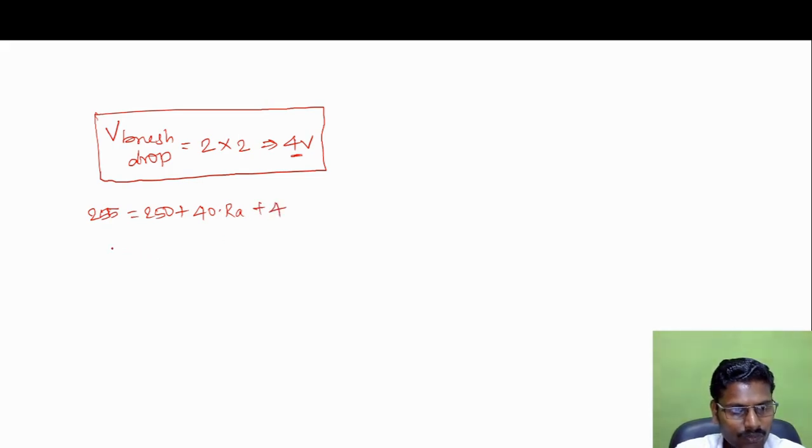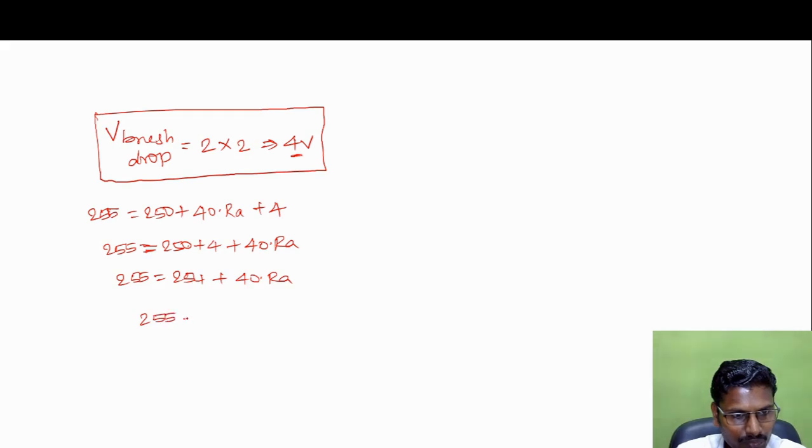We can write this as 255 equal to 250 plus 4 plus 40 into RA, so 255 is equal to 254 plus 40 into RA. Bringing 254 to the other side, 255 minus 254 equal to 40 into RA.